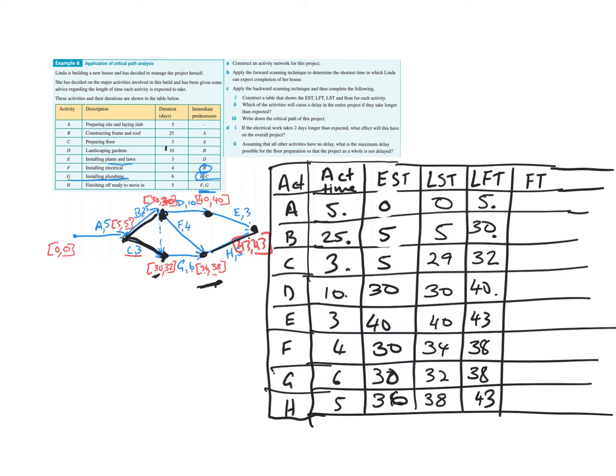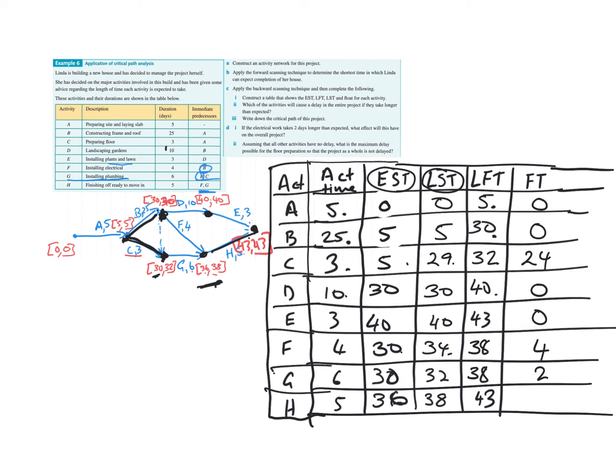All right. So the float time is the difference between those. What's the earliest you can start and what's the latest you can start? So we're taking our latest starting time, subtracting our early starting time. We get 0 here, 0 here, 24 here. That's 29, take 5. 0 here, 0 here. We get a float time of 4 for activity F. 2 here.